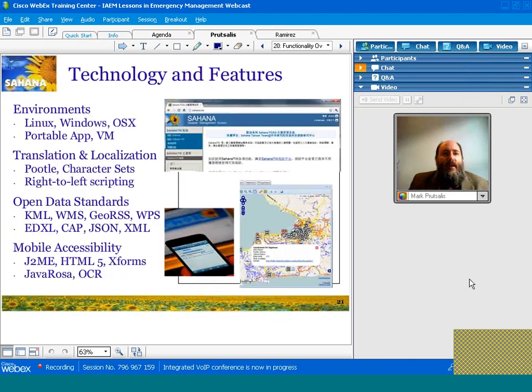The technology is designed to run on a broad variety of platforms and mobile devices. It can be easily translated into other languages, including those using alternate character sets and right-to-left scripting. And our support for open data standards really facilitates the integration of multiple data sources and allows us to be an effective data provider as well.